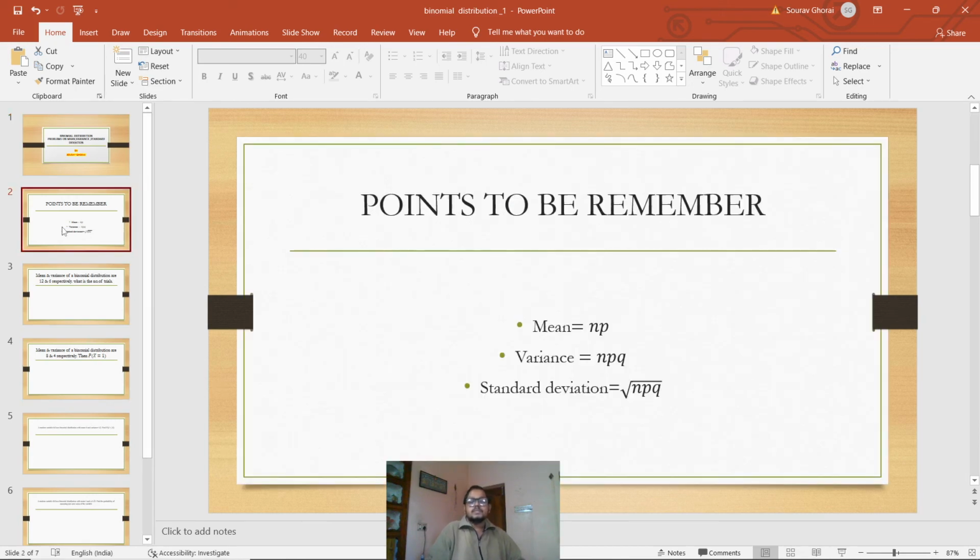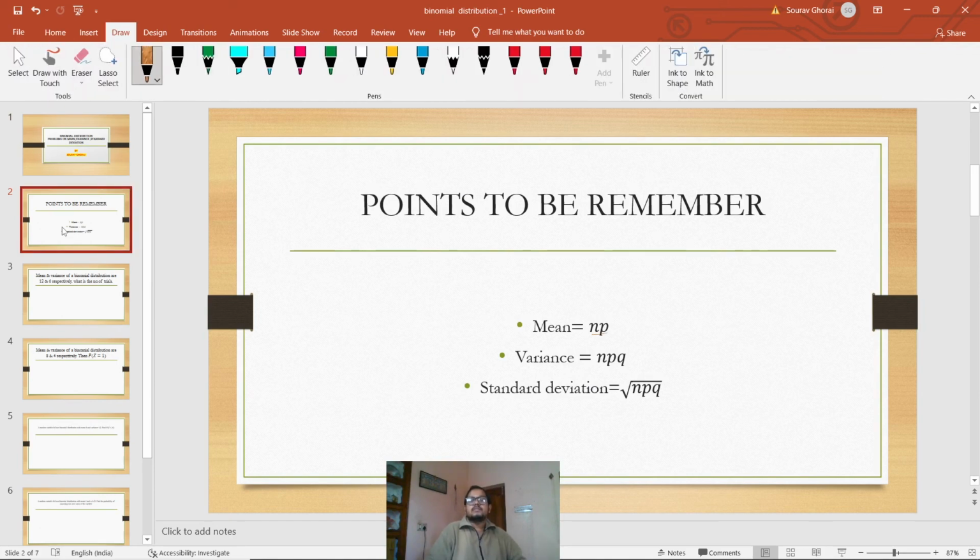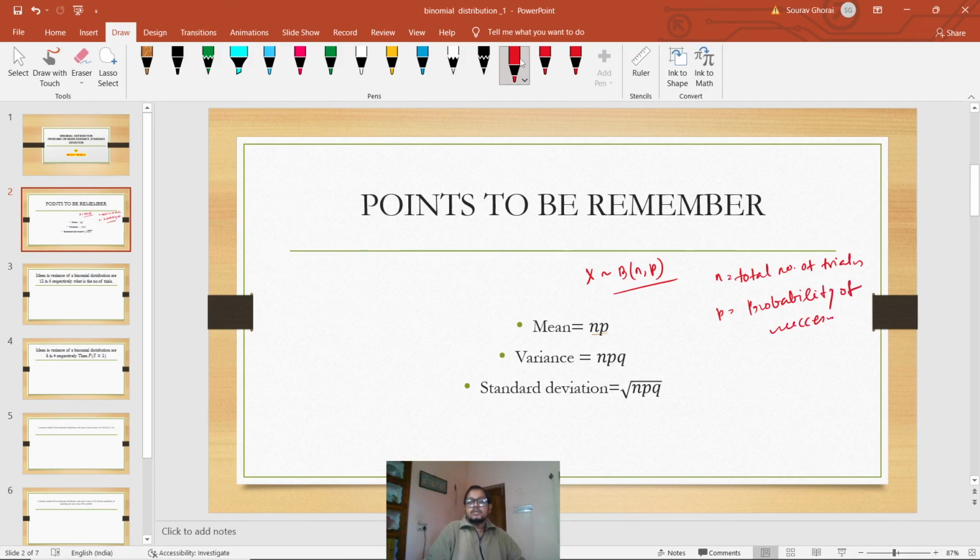So here these points we have to remember: the mean of a binomial distribution is np, if we consider the random variable capital X with a binomial distribution with n and p, where n and p are the parameters, n is the total number of trials and p is the probability of success, with the relation p plus q is equal to 1.